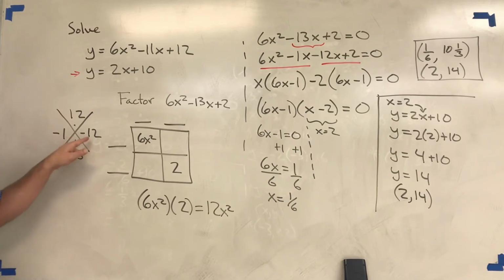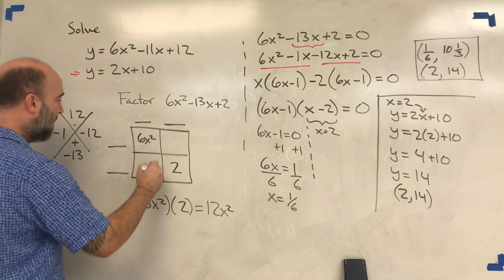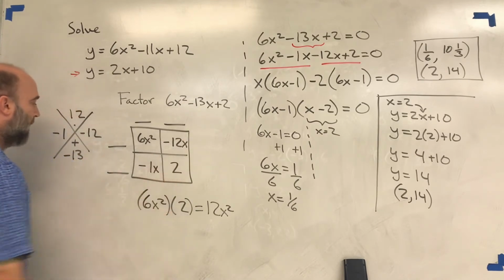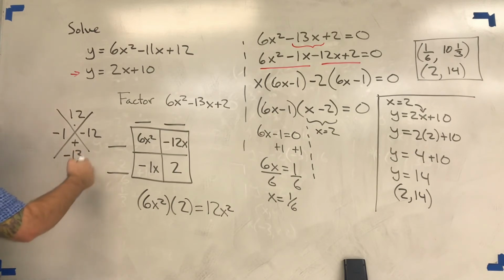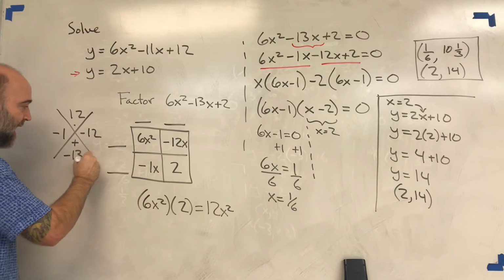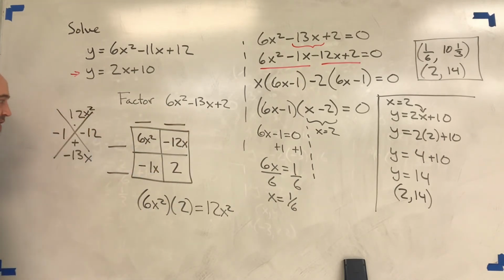These two numbers are the numbers that go inside your box right here. So negative 1x and negative 12x. You can include the x there if you want. They add to be negative 13x and multiply to be a positive 12x squared.